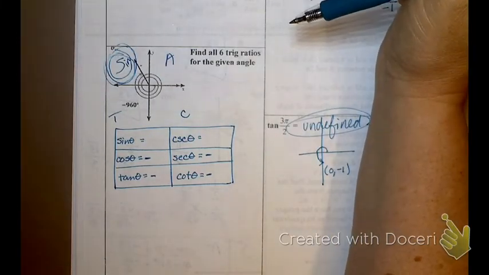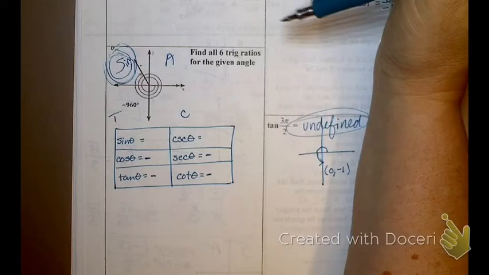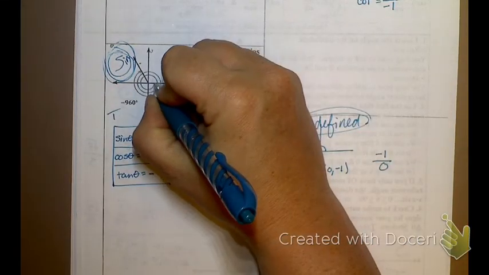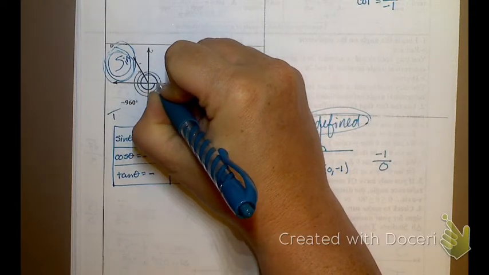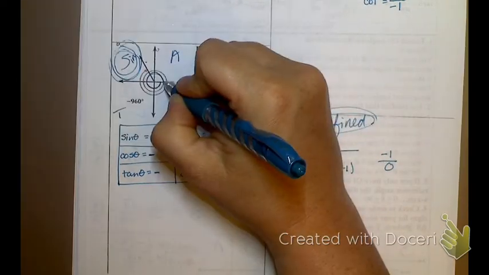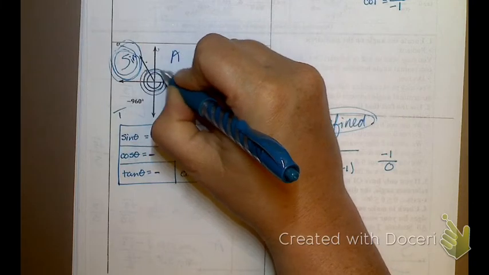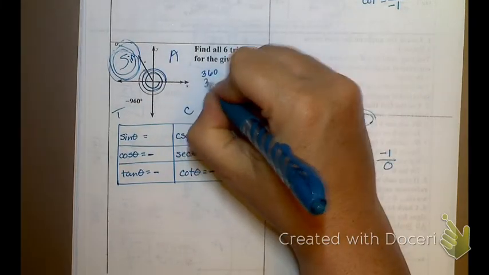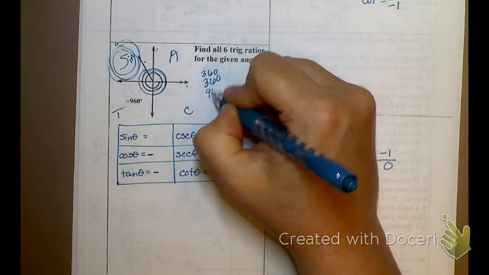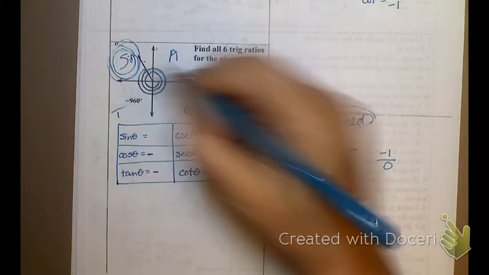Next thing I need to do is identify the reference angle. So let's think about this for a minute. If I do 1 revolution, that's 360, right? Another revolution is another 360, plus another 90, plus another 90.